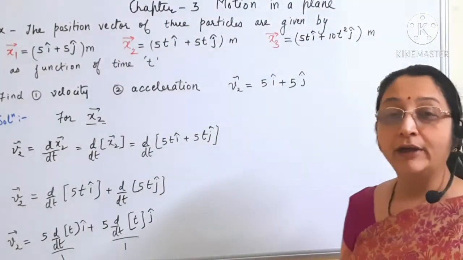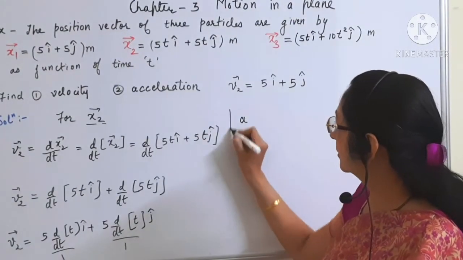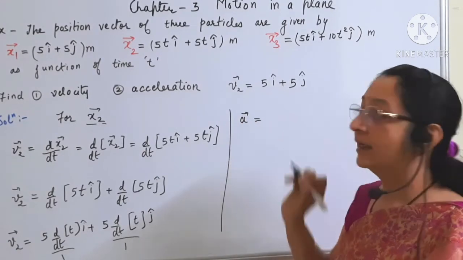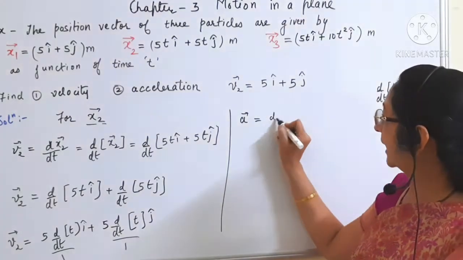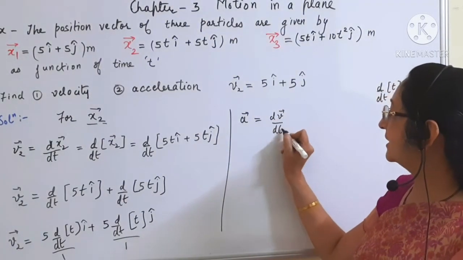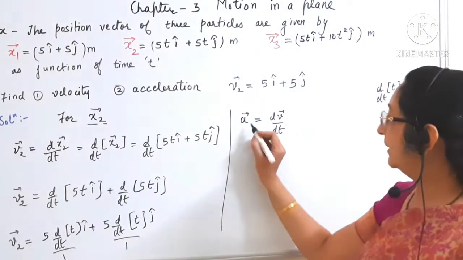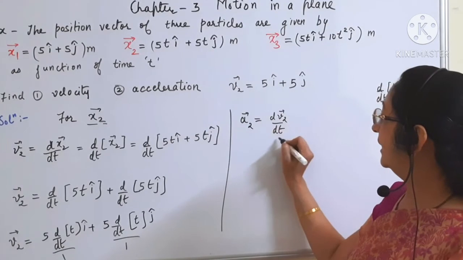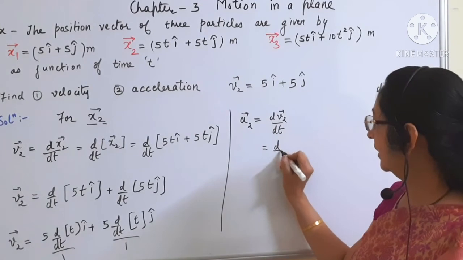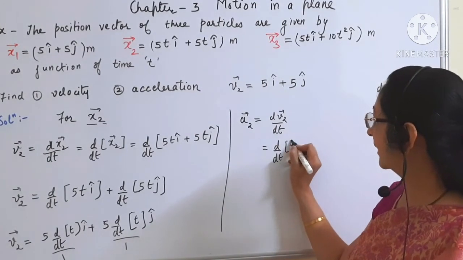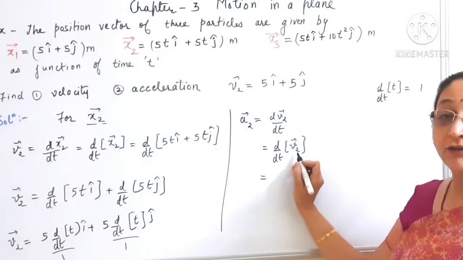Now we are going to find the acceleration. We know that acceleration is the change in velocity per unit time, so acceleration is dv by dt. Now, whose acceleration do I have to find? I have to find it for the second particle. So I write here A2 is ddt of v2, that is equal to ddt of this vector v2. That is because we are going to differentiate the velocity with respect to time.